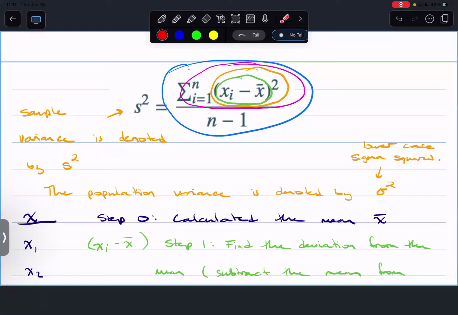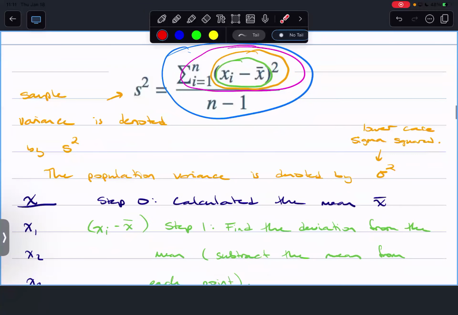But the key part of calculating the variance, well, one, it was to be able to look at a formula like this and not be terribly scared, right? You can break it down and you know what to do. I'm not going to get you to do a calculation like this on the test, right? Maybe on an assignment, just to have you try it, right? But you don't need to calculate the variance. I'll give it to you if you need it.